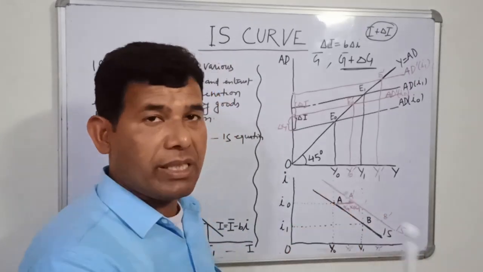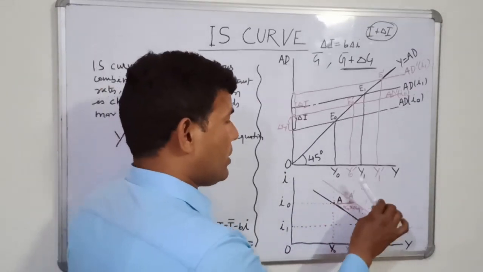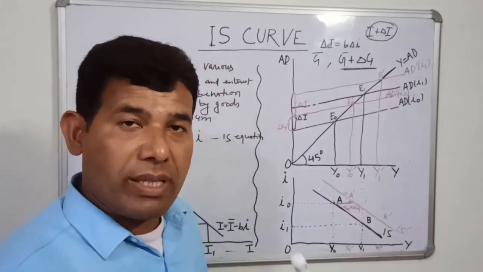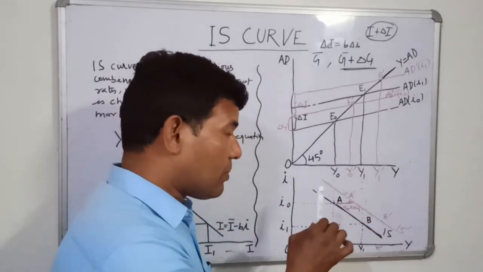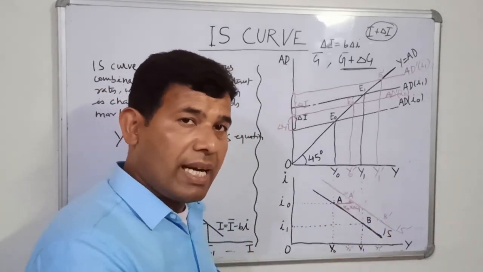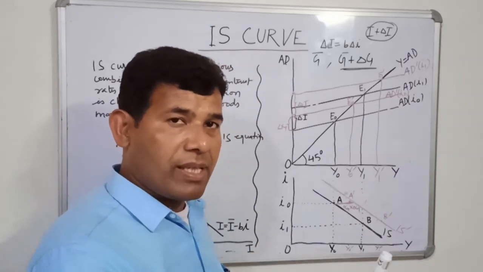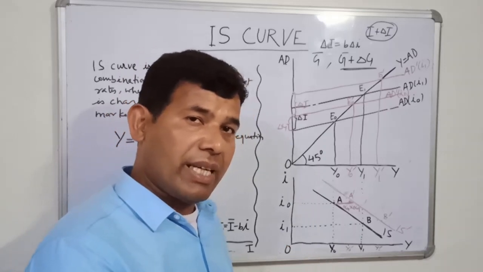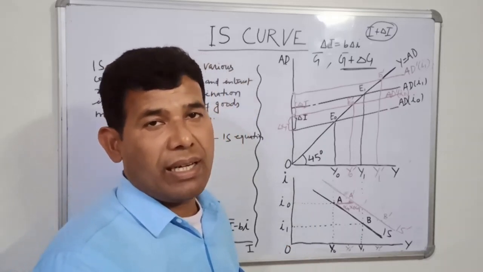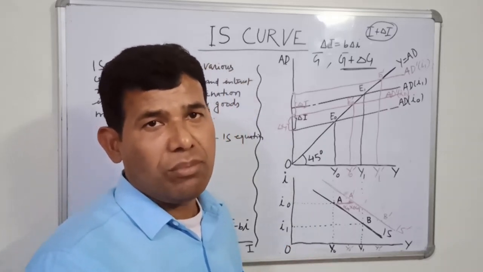When there is contractionary fiscal policy, the IS curve will shift leftward. This point you need to remember to understand the implications of fiscal policy in the determination of the equilibrium level of income and interest rate when we do the final analysis of the IS and LM model.